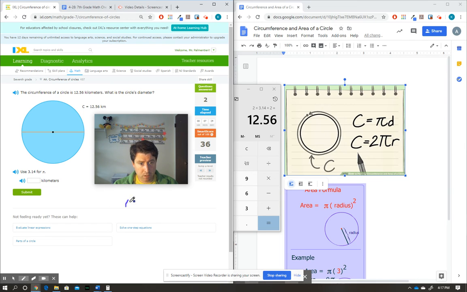I have 12.56 equals 3.14 times d. I don't know what d is. So all you have to do is the opposite of what's here, which is multiplication, and divide out pi, which is 3.14. Once you do that, you can find your answer.